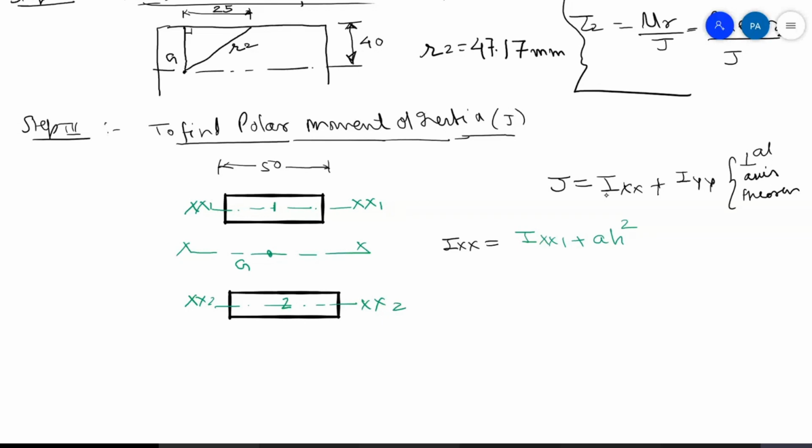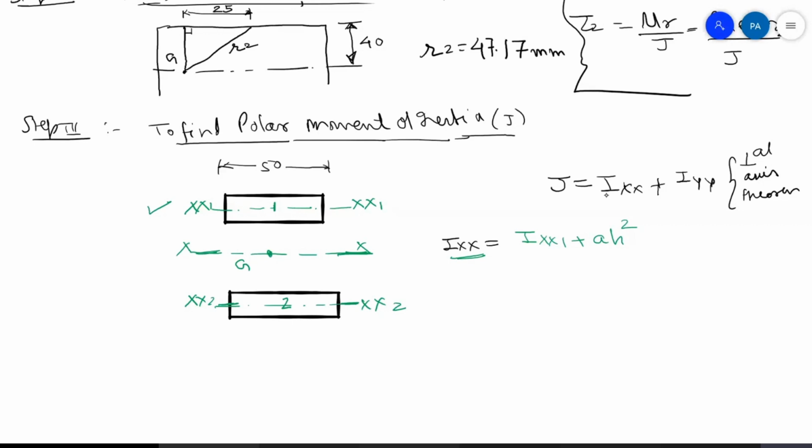XX. It means that Ixx is equal to the moment of inertia of this weld about this axis, and the moment of inertia of weld 2 about this G axis.